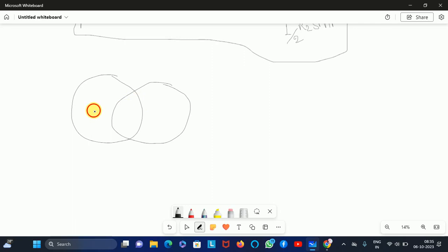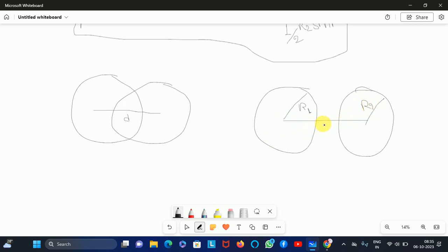Let's say this is the radius r1 and this is the radius r2, and the distance between them is d.